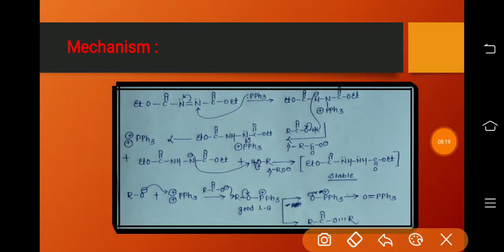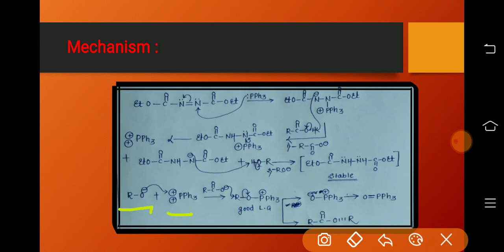Now, this oxyanion reacts with the electron-deficient triphenylphosphine and neutralizes one of the positive charges of triphenylphosphine.